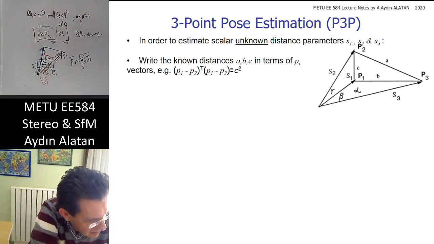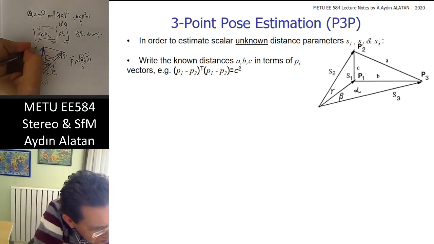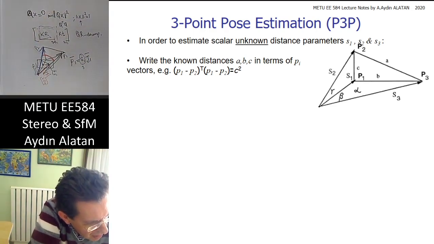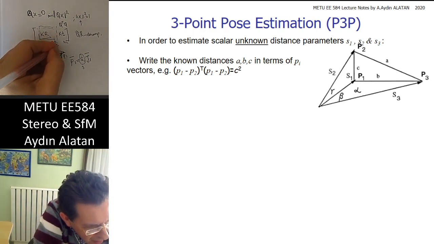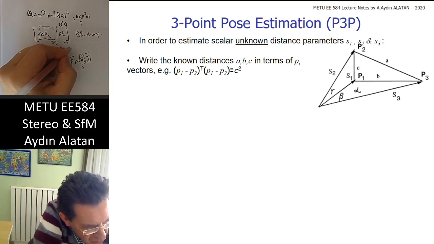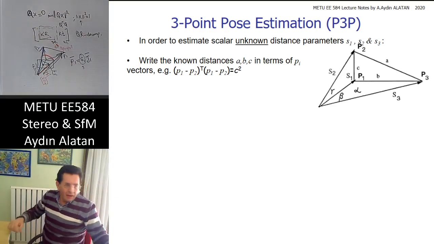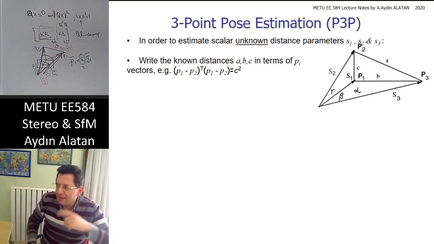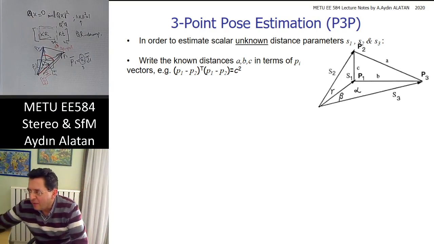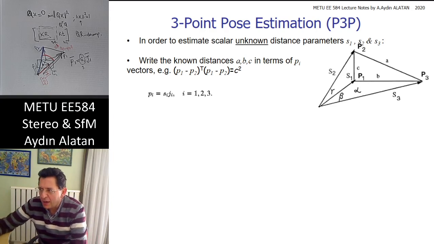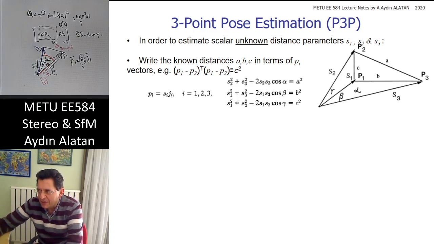If this is P2, this is your C squared. This is true for every equation, like P2 minus P3. All of them are also satisfied. I write it in terms of their distance parameters.